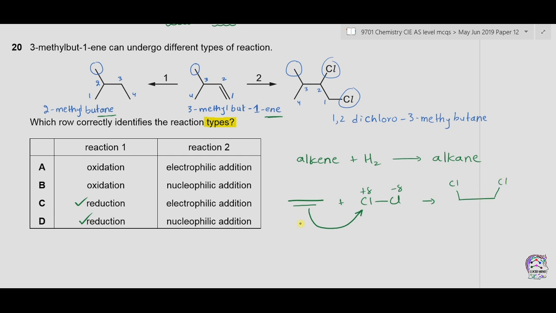This is because alkenes have high electron density because of the presence of the double bond. Such a type of reaction is called an electrophilic reaction, and as chlorine atoms are added on the double bond, therefore it is electrophilic addition. So the correct option is C.